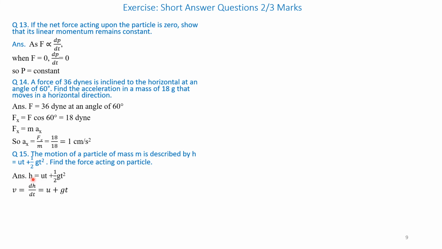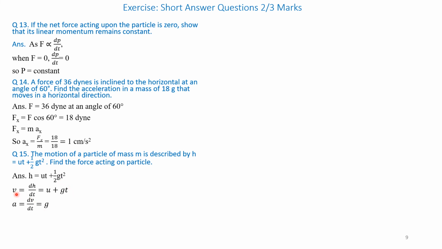Therefore, velocity v is equal to dh by dt. So we have to differentiate this equation 1, that is equal to d by dt of ut is u, plus d by dt of half gt square is gt. That is, 2t into half g is gt.